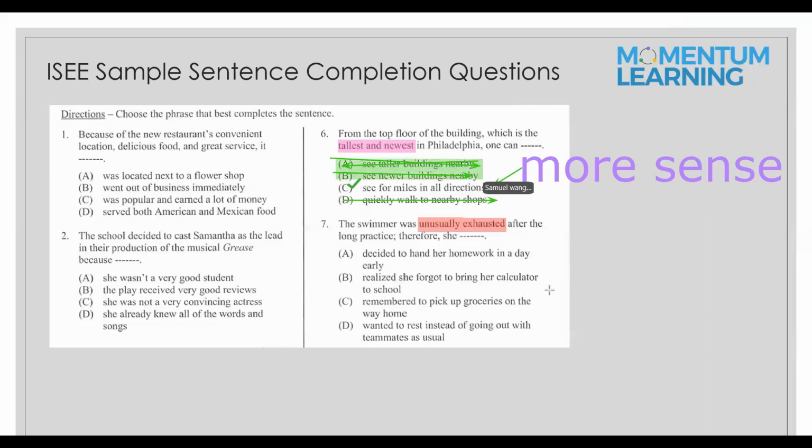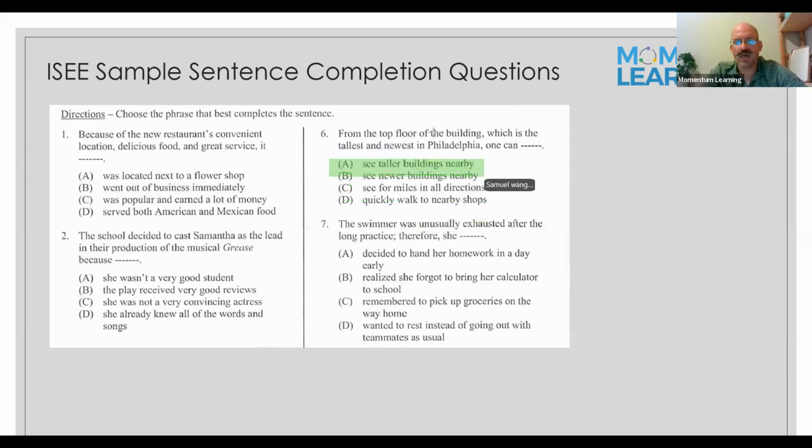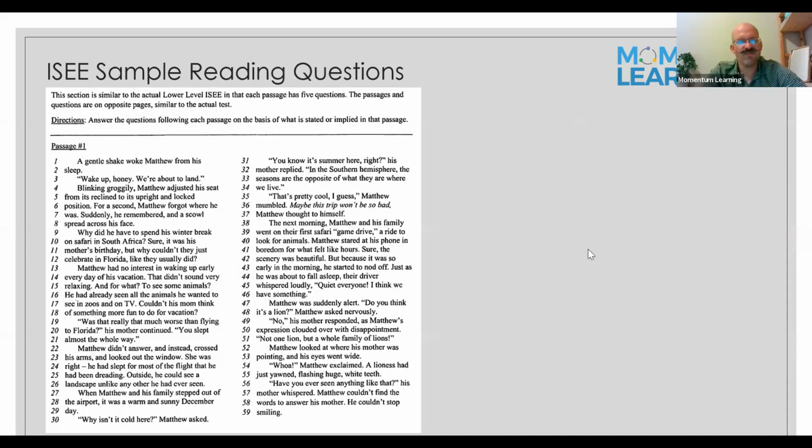Excellent. Good. And is anybody walking from the top floor of a building? No. Okay, that's just crazy.